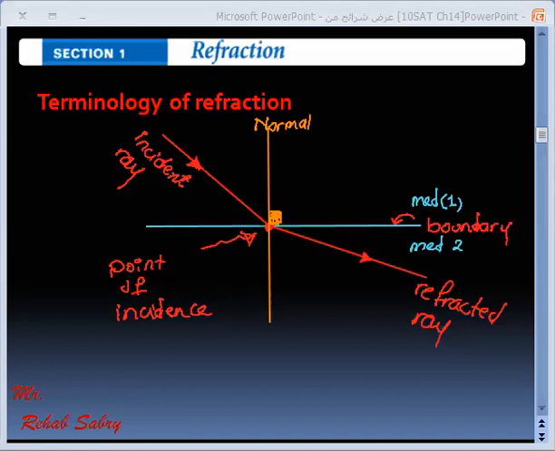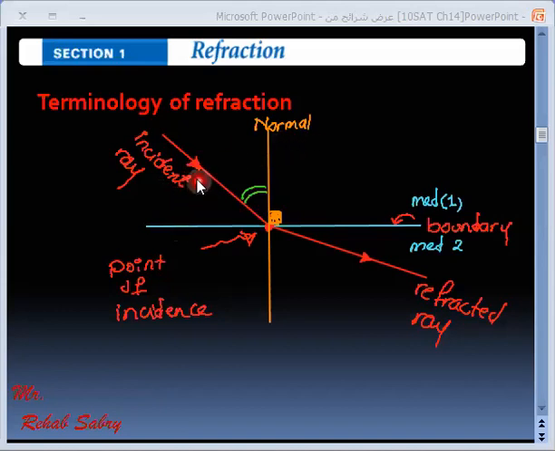Now we have to search for two angles. The first angle is called the angle of incidence, and the second angle is called the angle of refraction. We agreed together that the angle of incidence and the angle of refraction will be between the incident ray and the normal, not between the incident ray and the boundary.